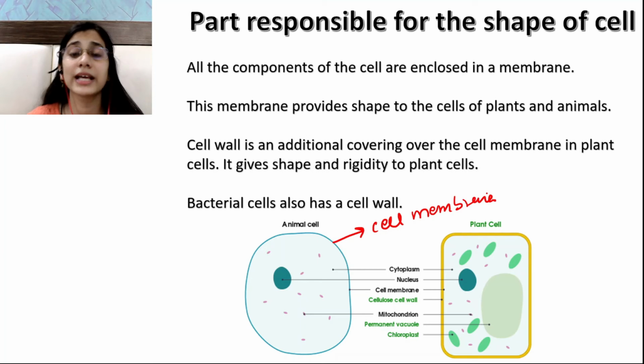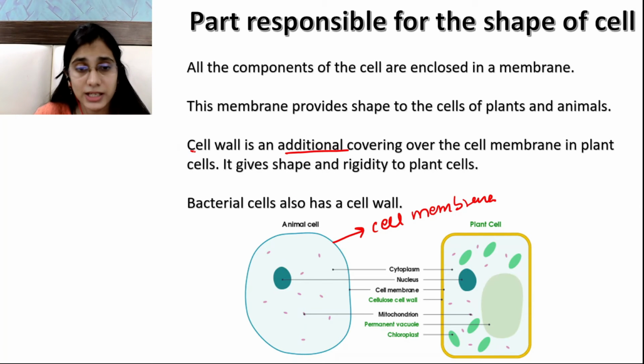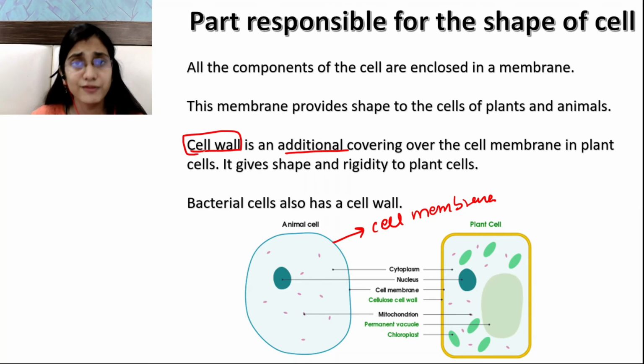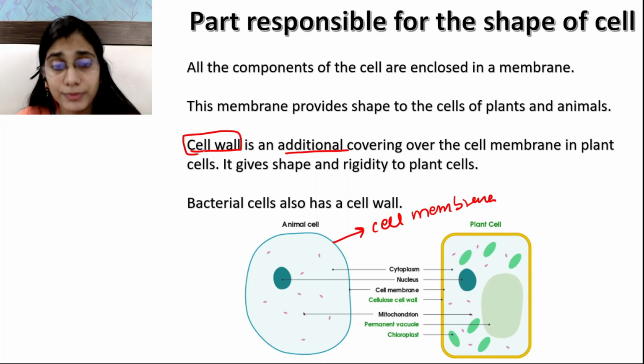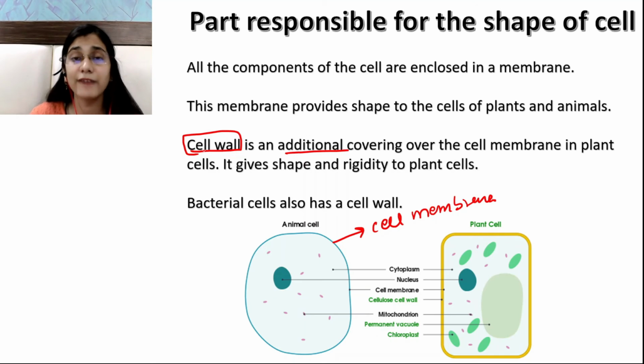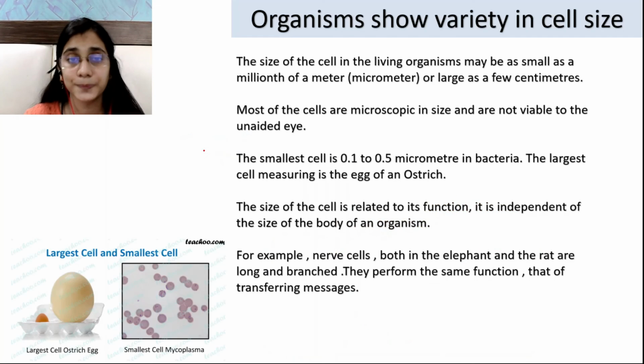Every cell has a cell membrane, but plant cells and bacterial cells have an additional covering, the cell wall. Why is it required? Because the cell has to handle turgor pressure and experience osmotic stress. To maintain the osmolarity of the water, they need a cell wall.